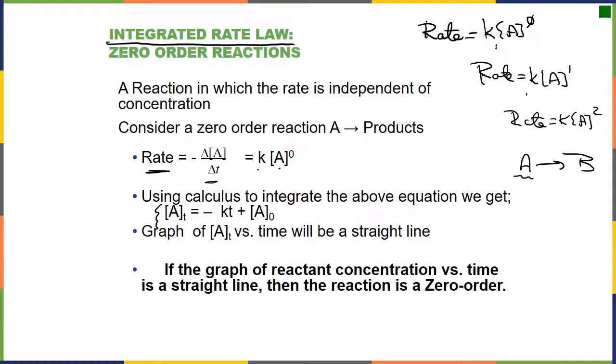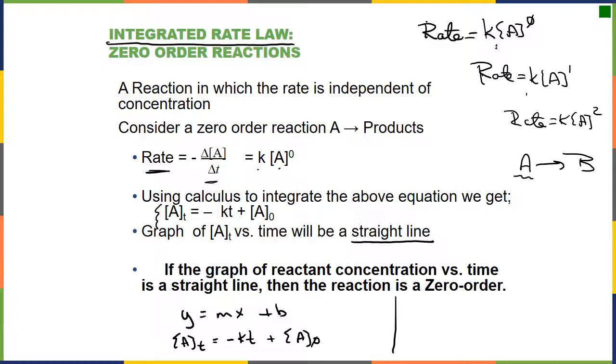What does this tell us? First of all, this is a straight line equation. This is linear. And it says that if we have y is equal to mx plus b, we're going to have that the concentration of A at some time is equal to minus kt plus the initial concentration, A naught.